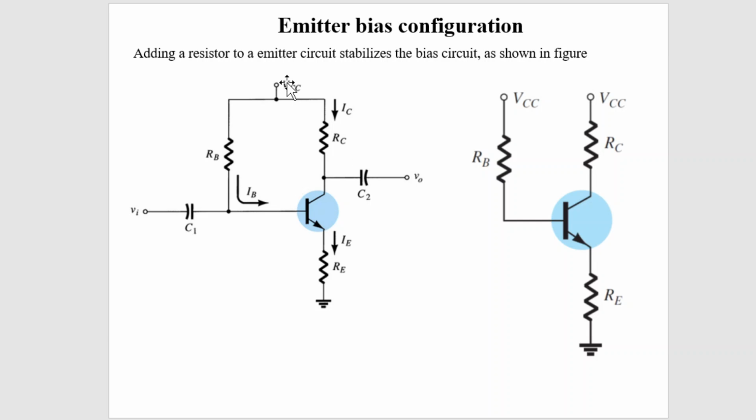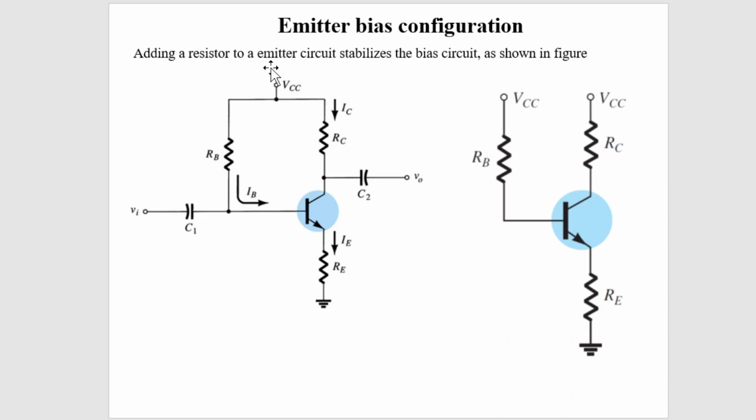Okay, so here you have a plus VCC power supply, and it is connected to the base through a base resistance, and the same plus VCC power supply is connected to the collector through a resistor, and the negative terminal of this power supply is connected to the ground.